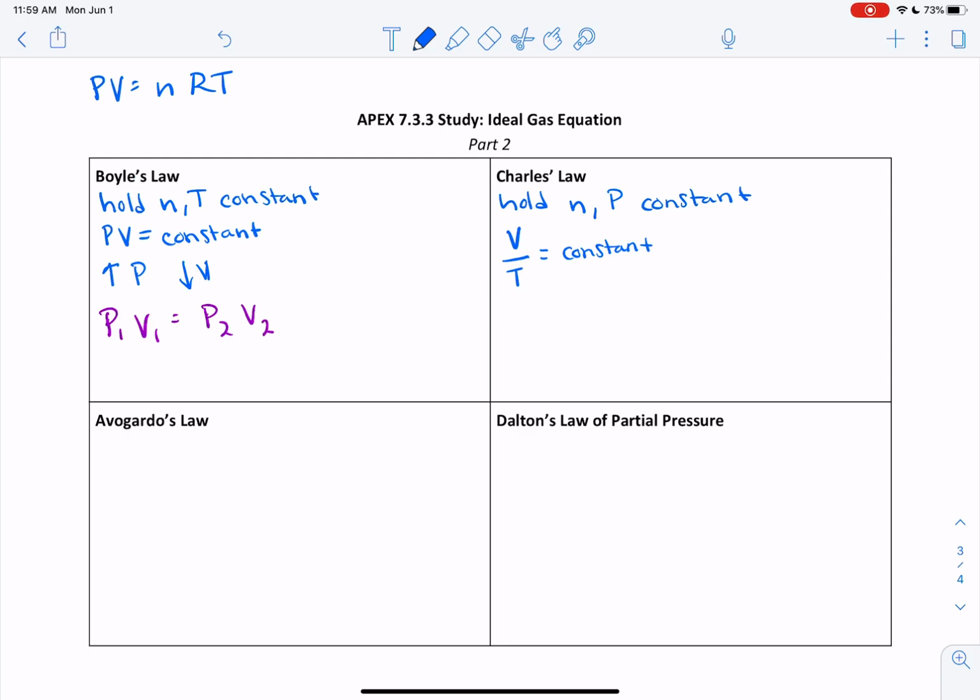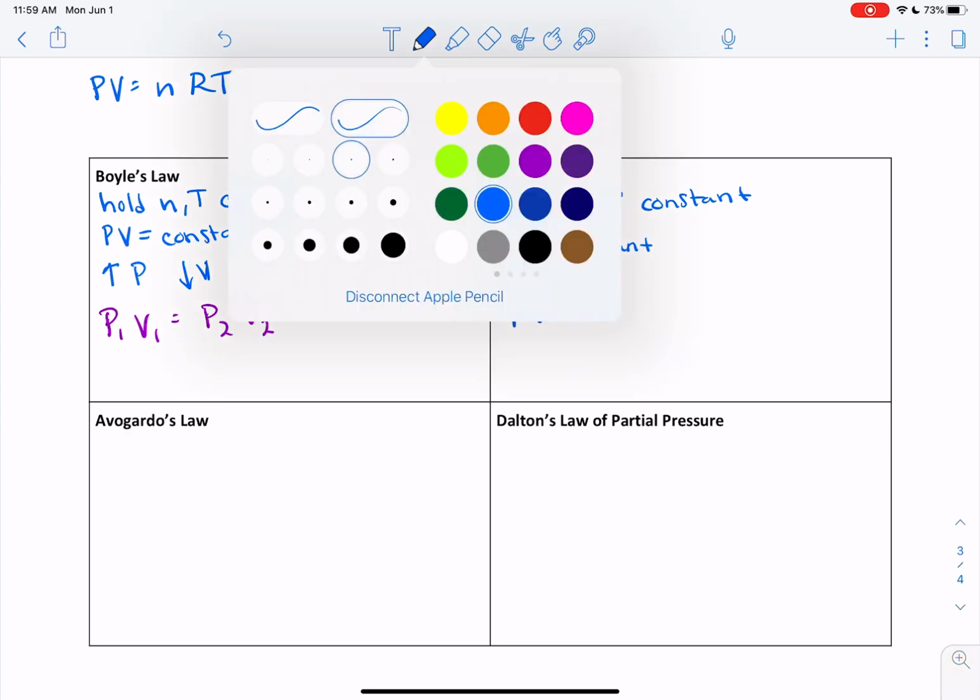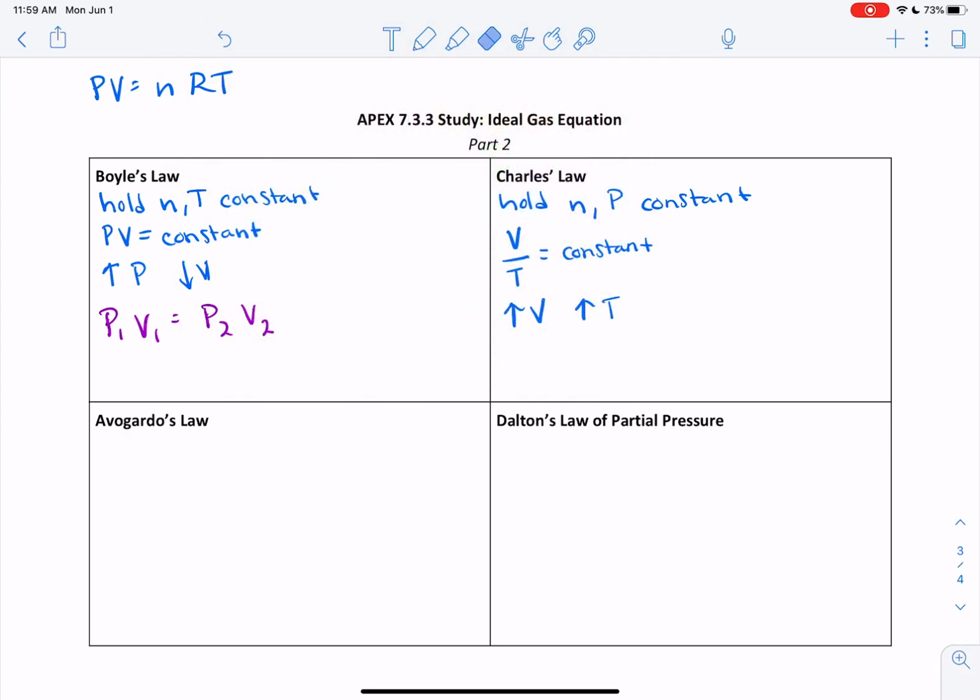So what that means in practice is that if you increase your volume, that means your temperature is going to have to increase as well, right? If you made this the numerator larger, if you're going to have the same number, you have to make your denominator larger as well.